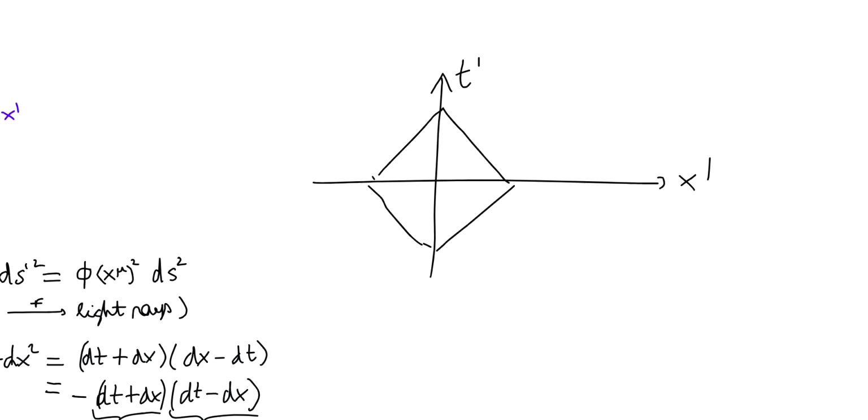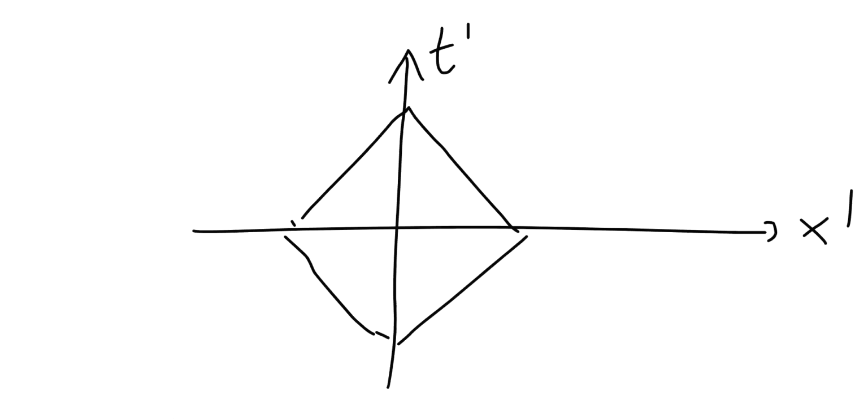So now we can introduce some vocabulary. So an eternal observer will come from here, and that's his world line, and end up here.